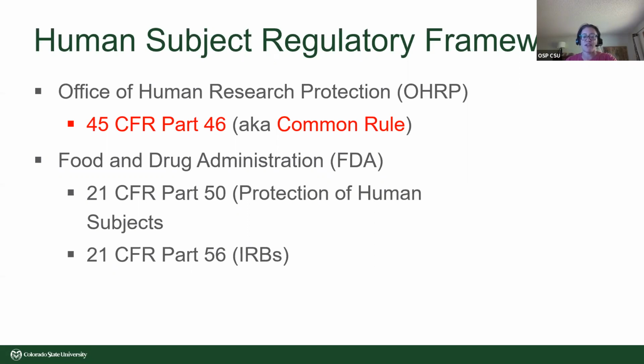It provides all the regulatory education and oversight, and it's actually out of OHRP where we get our federal-wide assurance number as well. And we'll talk a little bit more about that in upcoming slides. So FDA is really focused on clinical trial investigations, such as the testing of new drugs or testing of medical devices.